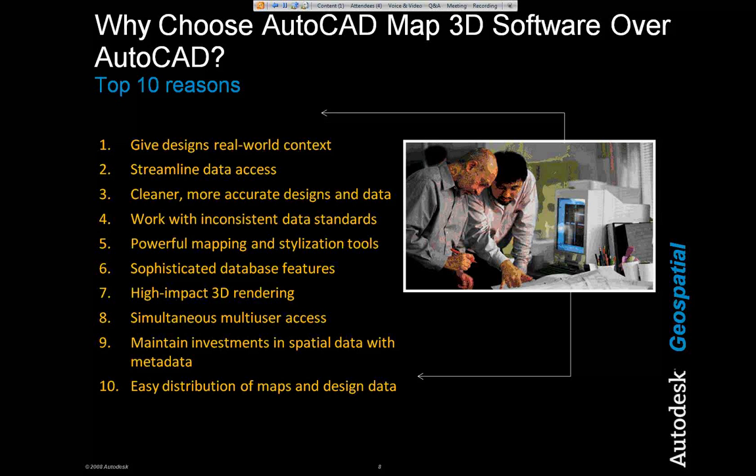Streamlining data access: we saw with FDO technology that it's very easy to access data that exists out there in other formats, and we'll see that today in the live demonstration. Cleaner, more accurate designs: with Map 3D you have the ability to build object classifications, so you can build real-world classifications inside of Map, and those classifications can be used to build a standard.